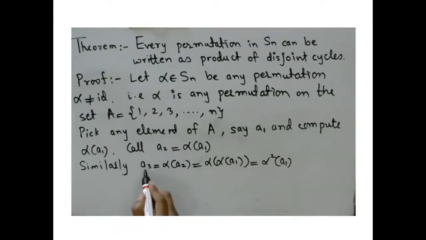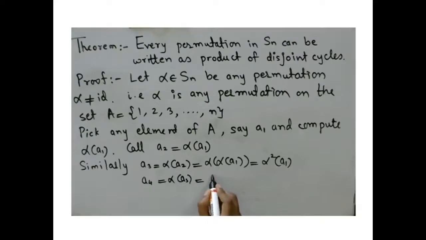Then you find the image of A3 under alpha and call that A4. A4 is equal to alpha of A3, which will be nothing but alpha cube of A1, and so on.